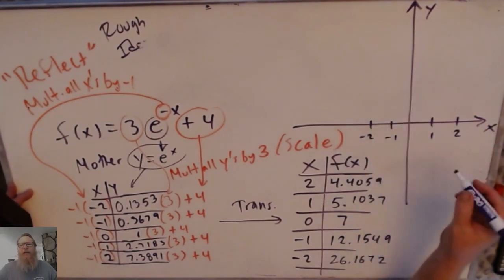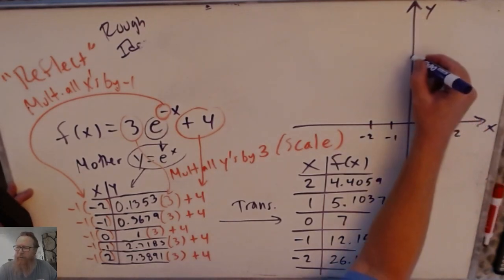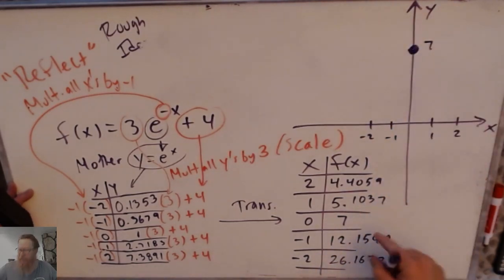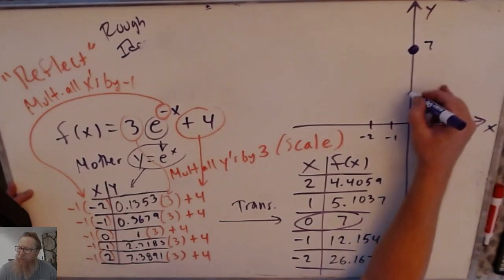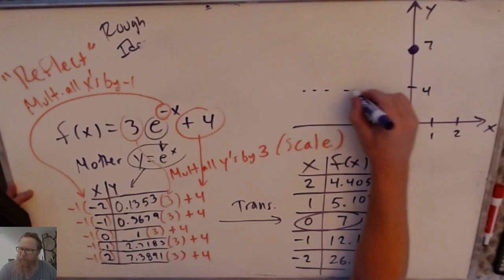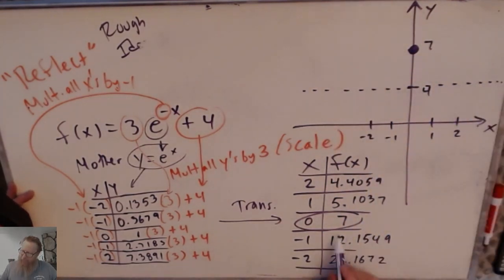I only need to get a couple good points here. So let's go with 7. Yeah, 0, 7. Let's plot the asymptote at 4. Let's see if we can find one more decent point.